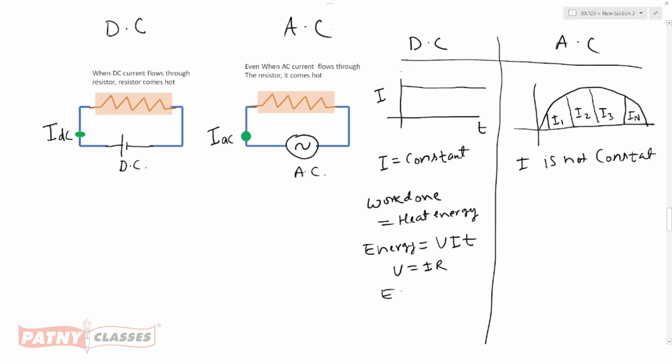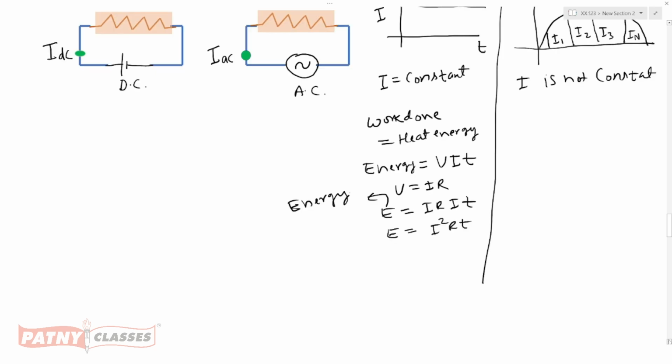Therefore, the formula for energy is IR into I into T. Therefore, the formula for electrical energy is I square RT. Here E is the energy. And electrical power equals work done upon time. That is I square RT upon T. The T cancels here. So we get the electrical power equals I square R.